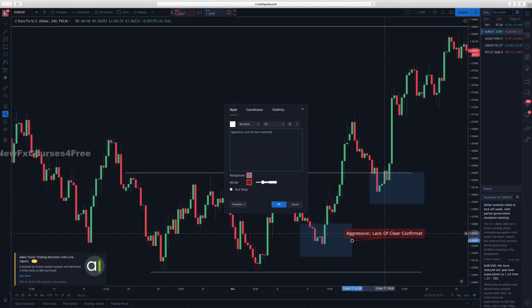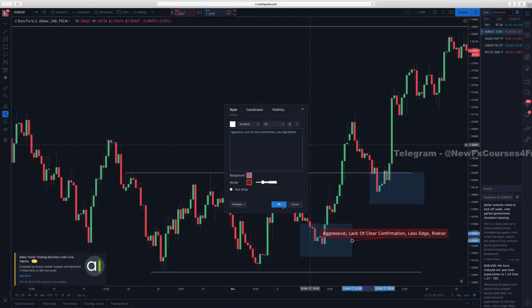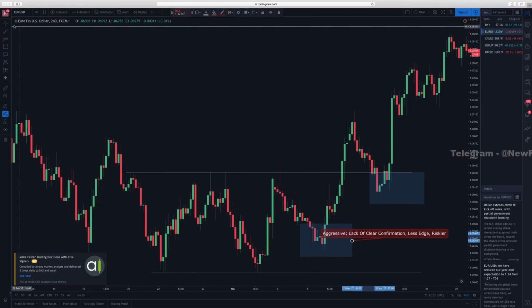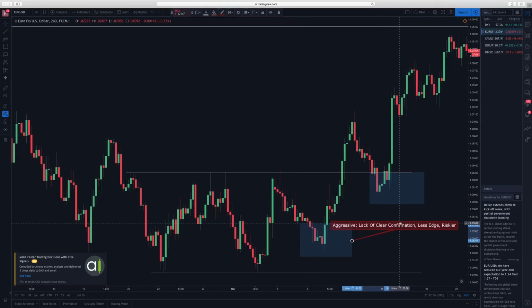So that naturally makes it riskier. There's less edge. Lack of clear confirmation, so there's less edge. So it's riskier, if that's even how you spell riskier. We'll never know.